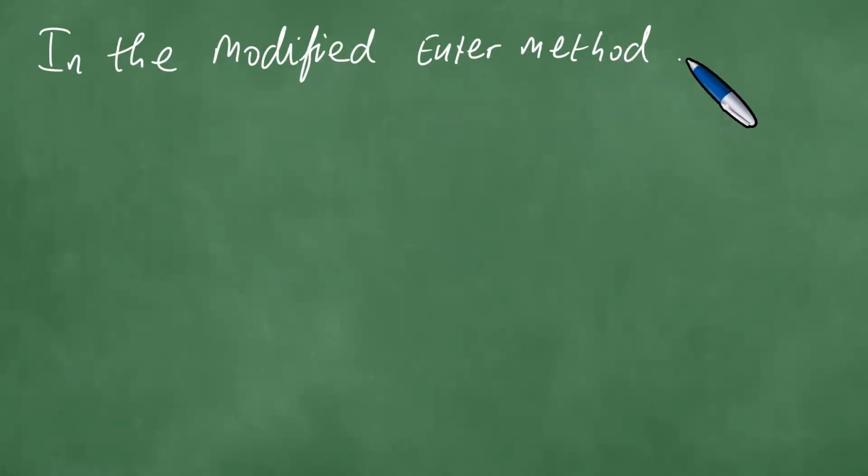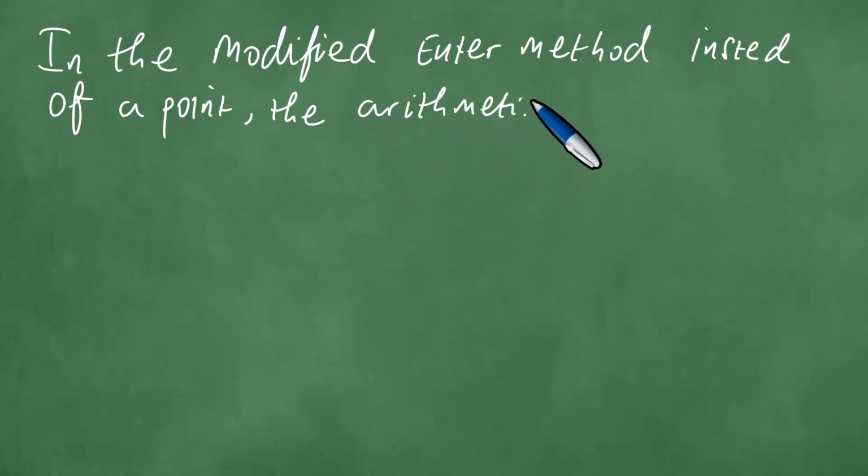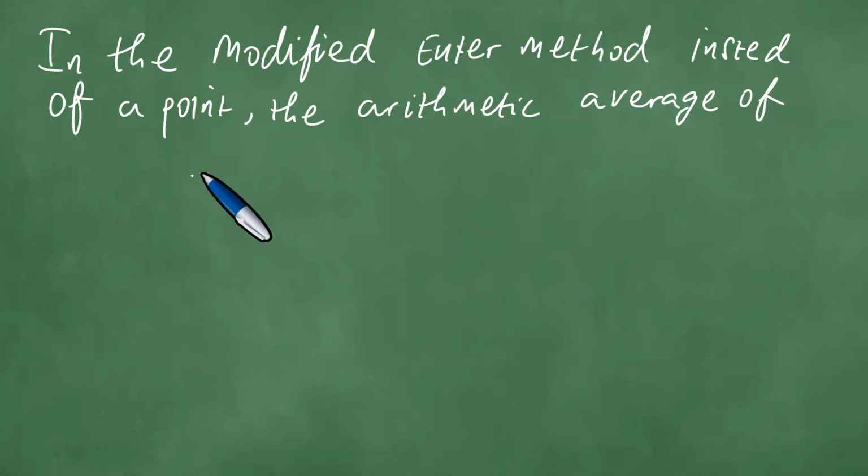In the modified Euler method, instead of a point, the arithmetic average, we shall see the average we're talking about in the formula. We saw it last time, but we shall have a different view today.